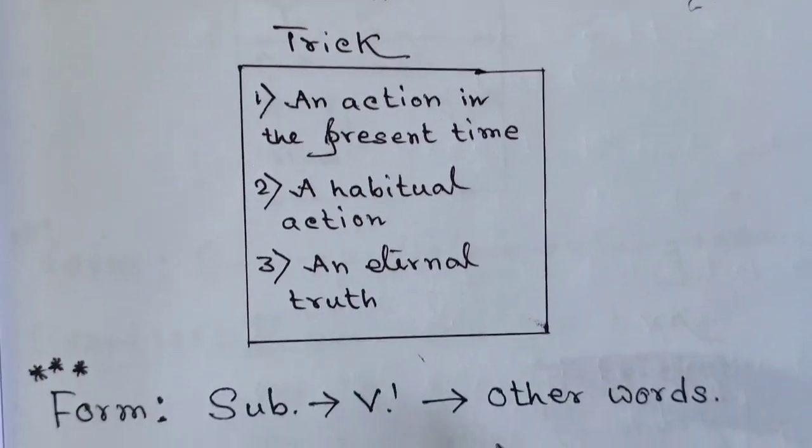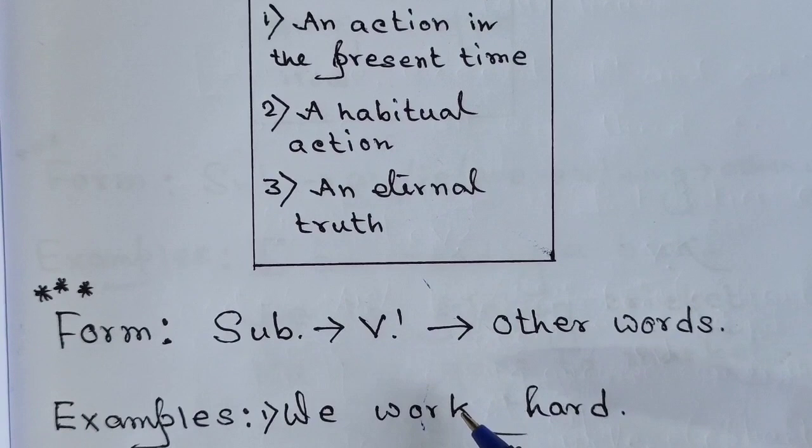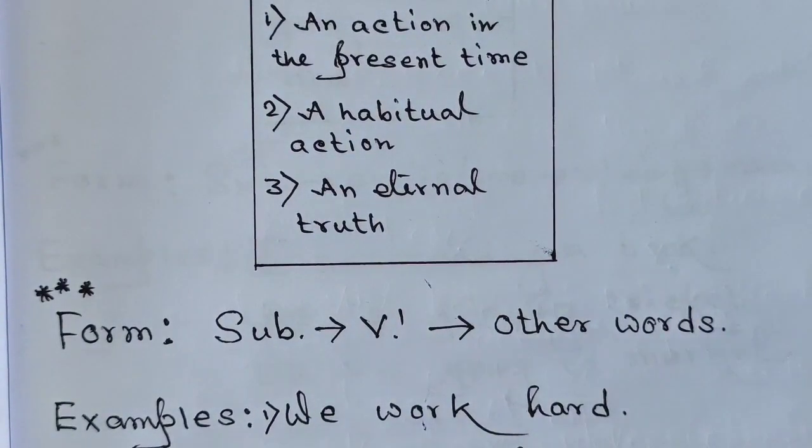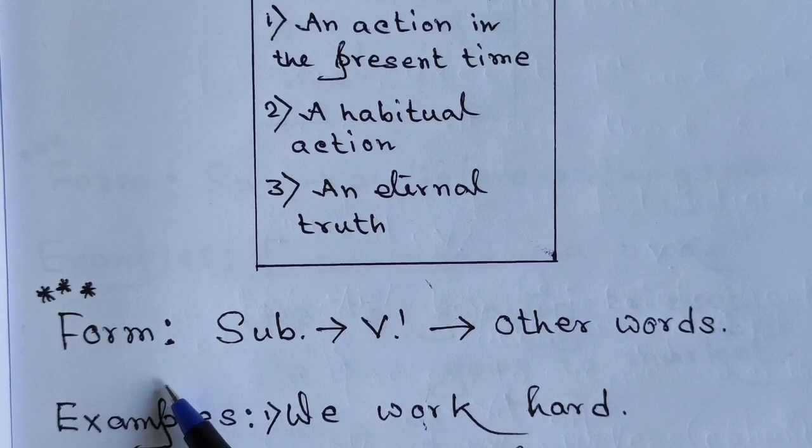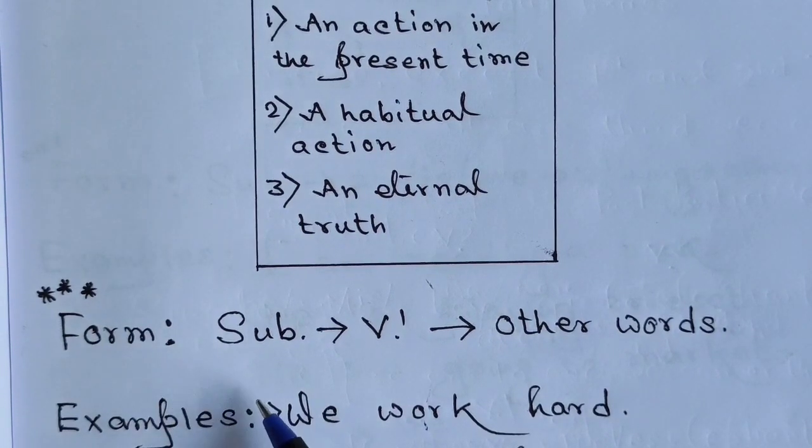Okay, now we are going to look at the form, and this is of paramount importance. In fact, while discussing tenses, this form would be the most important thing for you to learn, because whenever you would like to write or speak any sentence following the tenses, you need to remember the form or the pattern of those particular tenses.